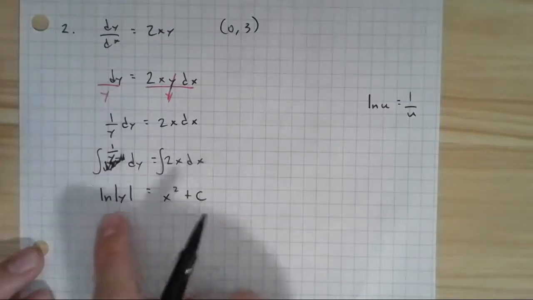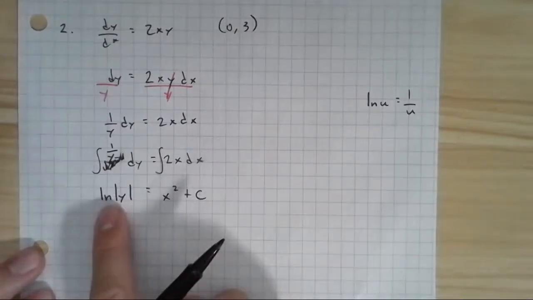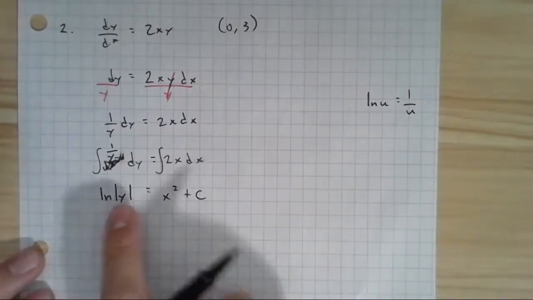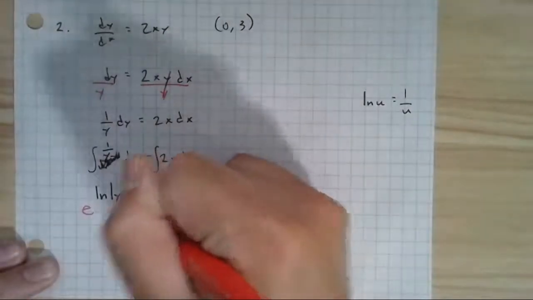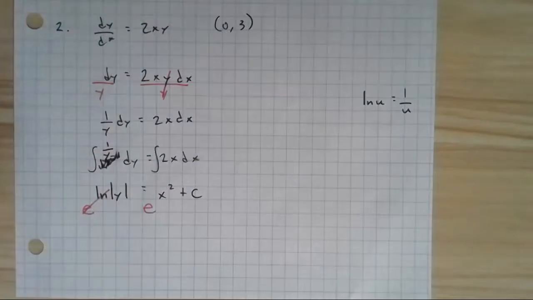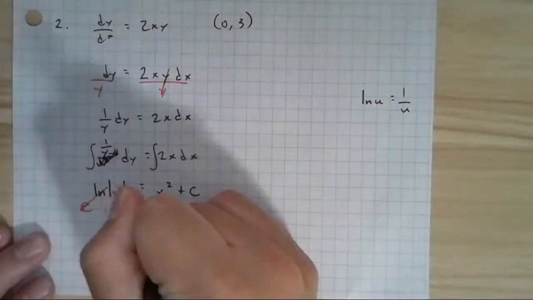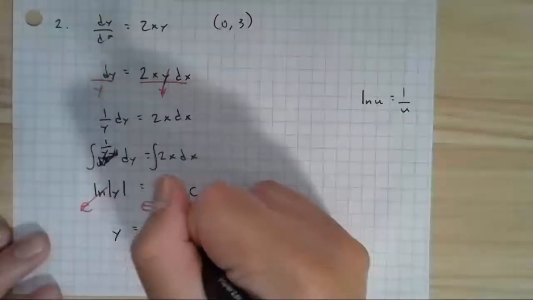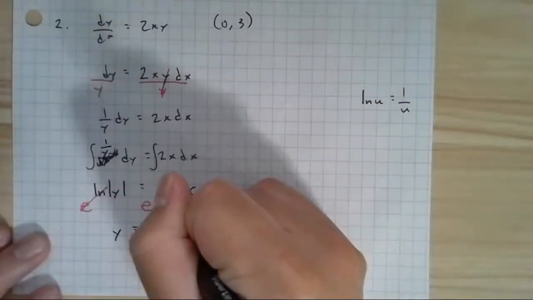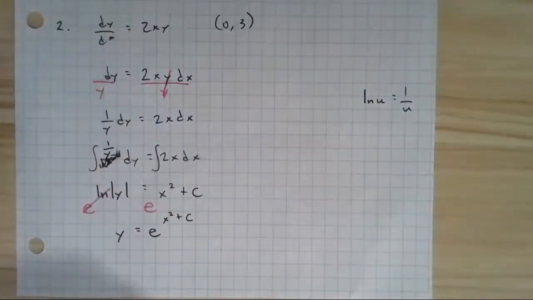One property, if you guys recall, when working with natural logs and solving a natural log equation, is you might want to raise both sides to the e. What that's going to do is it'll cancel out with that natural log, and you'll get y is equal to e to the x squared plus c.